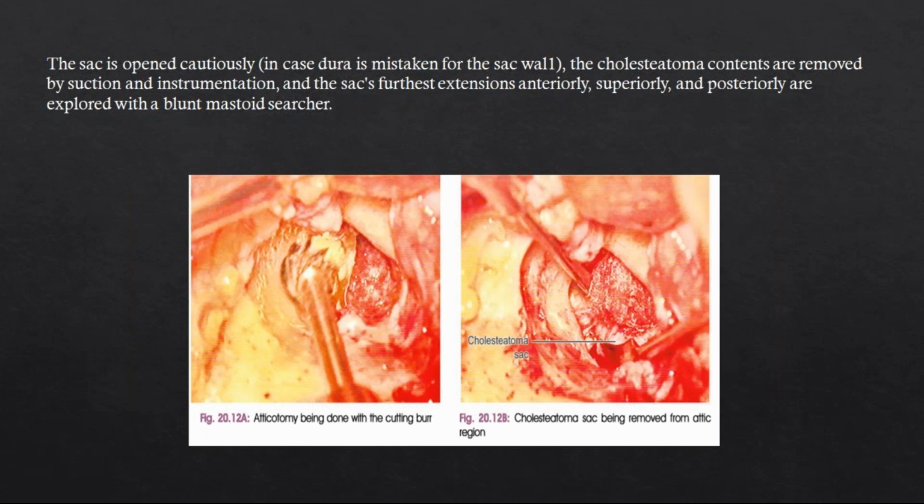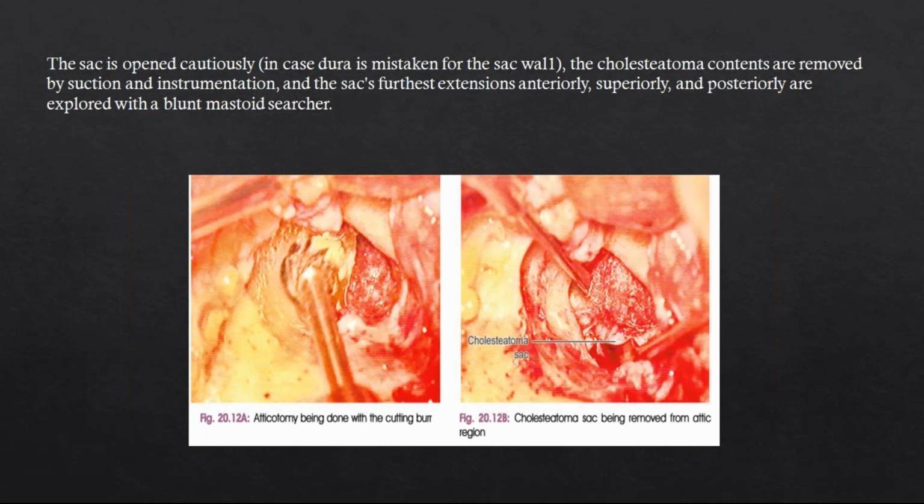Whether it's a sac or the dura, you have to establish. A dura will typically have a pinkish hue, and when you press, if it is a sac, you will feel a bone stop; pressing onto the sac superiorly, you will get a bony resistance.